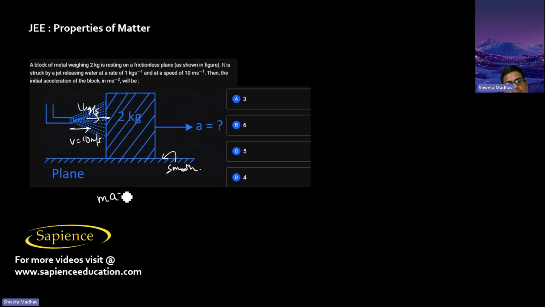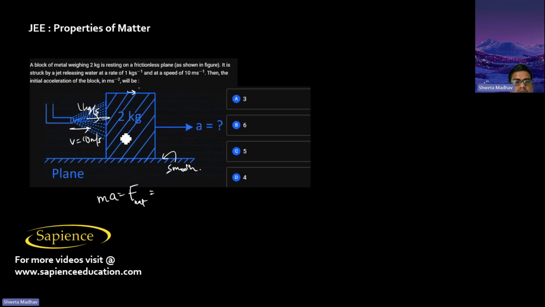So mass into acceleration is equal to the net force acting, and net force acting is the change in momentum. So initially the velocity of the block will be zero only.